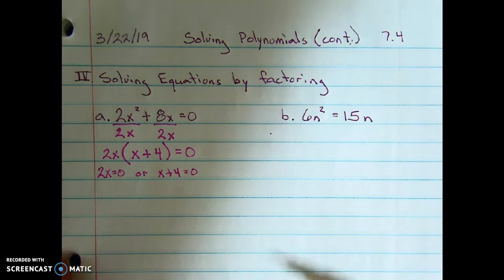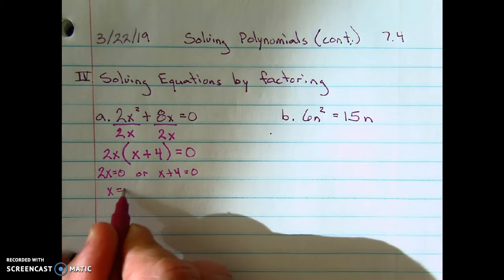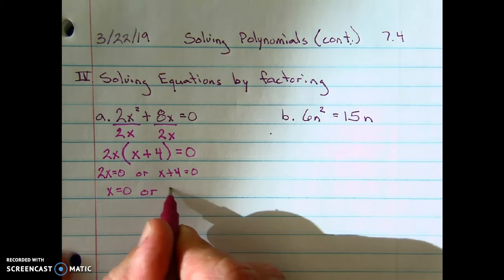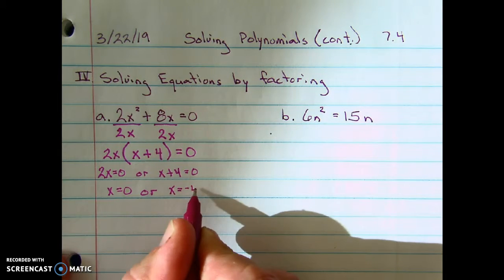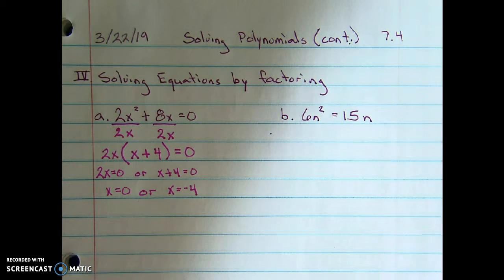From there I solve each of those. Well, if 2 times x is 0, x would have to be 0, and on the right side I would subtract 4 from both sides and write x is equal to negative 4. So remember, those can be referred to as your answers. They're also called the solutions. Another word for them is roots, and then also zeros. So we have synonyms that mean all the same thing.